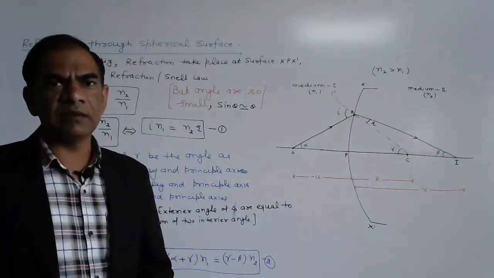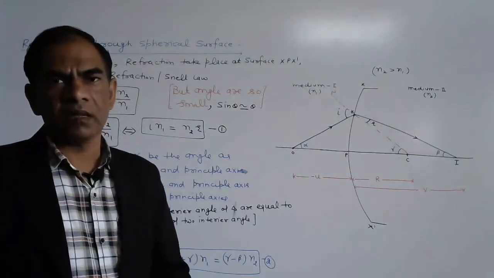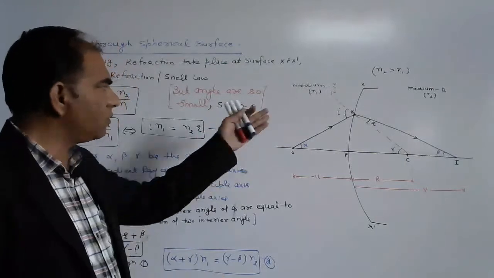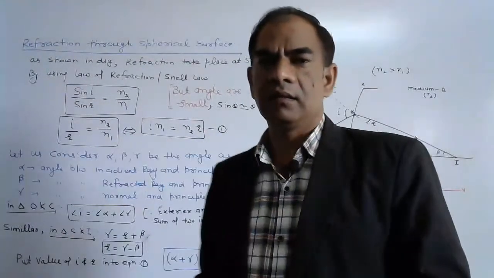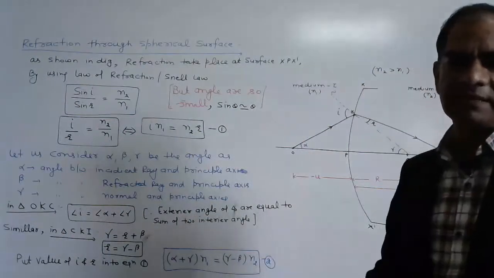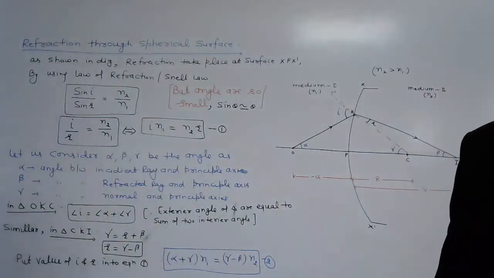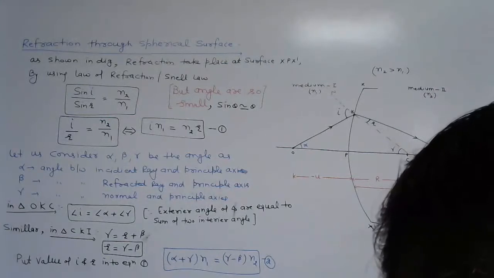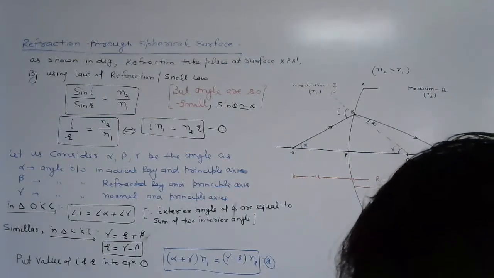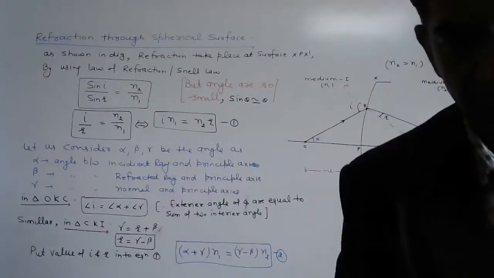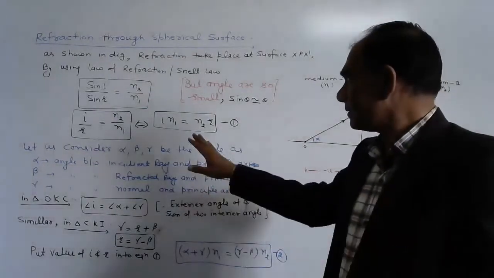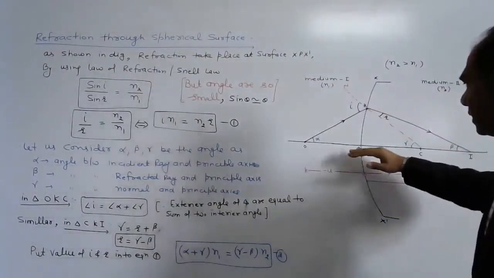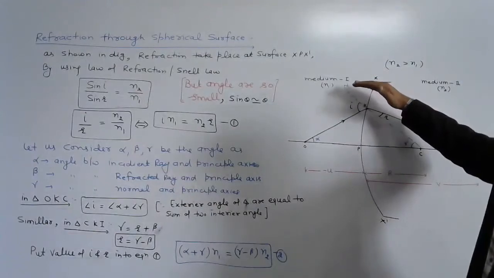Here, the important thing is that we know the values of i and r lie above the principal axis.